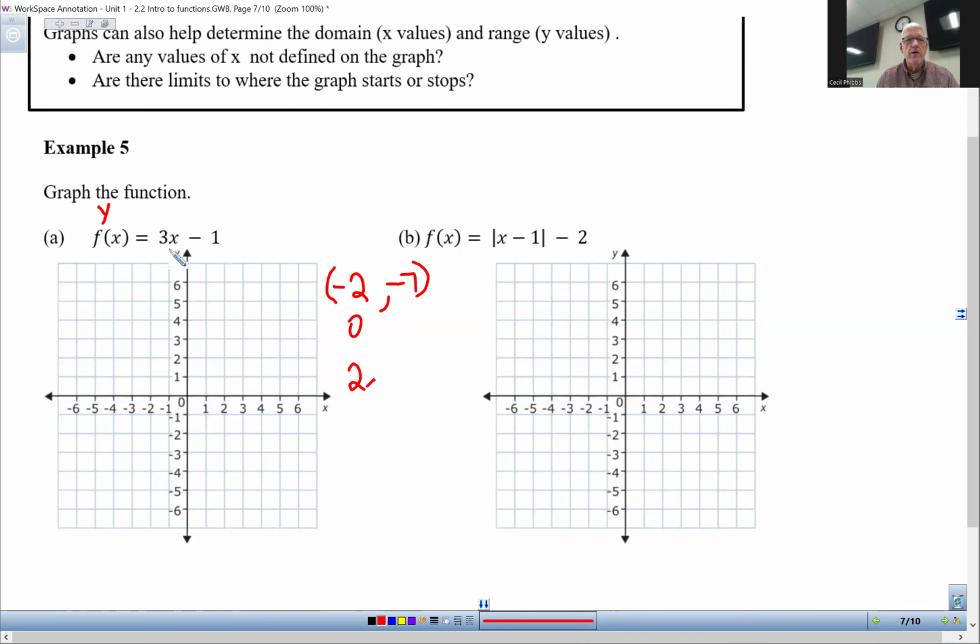When x equals 0, we get 0 minus 1, which is negative 1. And when x is positive 2, 2 times 3 is 6, minus 1 is 5. So we have the points (-2, -7), (0, -1), and (2, 5). So here is the graph of this function.